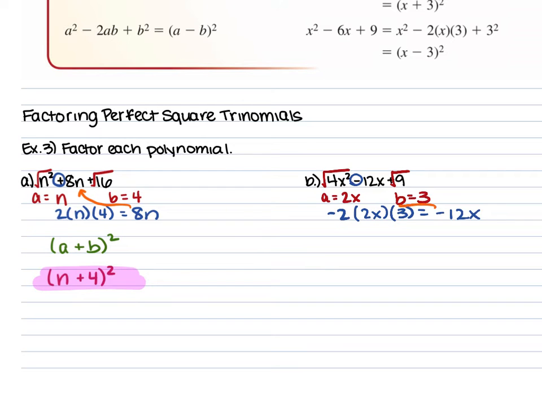This negative 12x is the same as that middle term, so we do have a perfect square trinomial here. So we are going to use a minus b, because our middle term is negative, raised to the second power. So this just gives us 2x minus 3 raised to the second power.